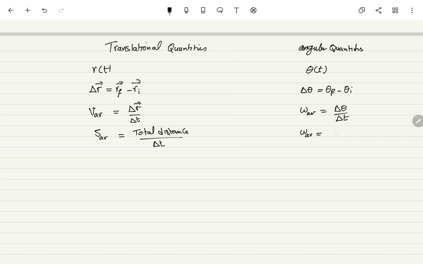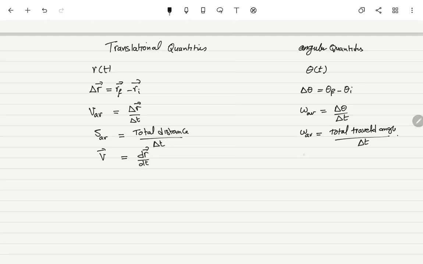In angular quantities, average speed is defined as omega average equal to the total traveled angle over delta t. Now instantaneous velocity in this case equals dr by dt.